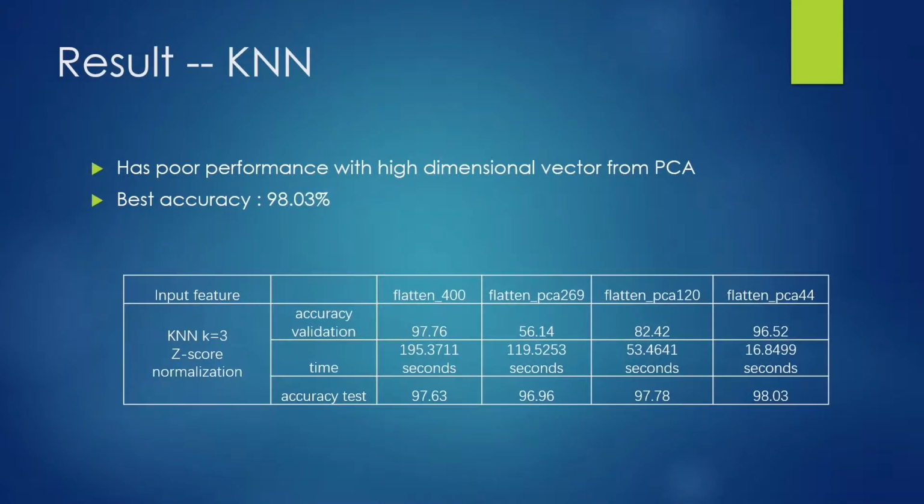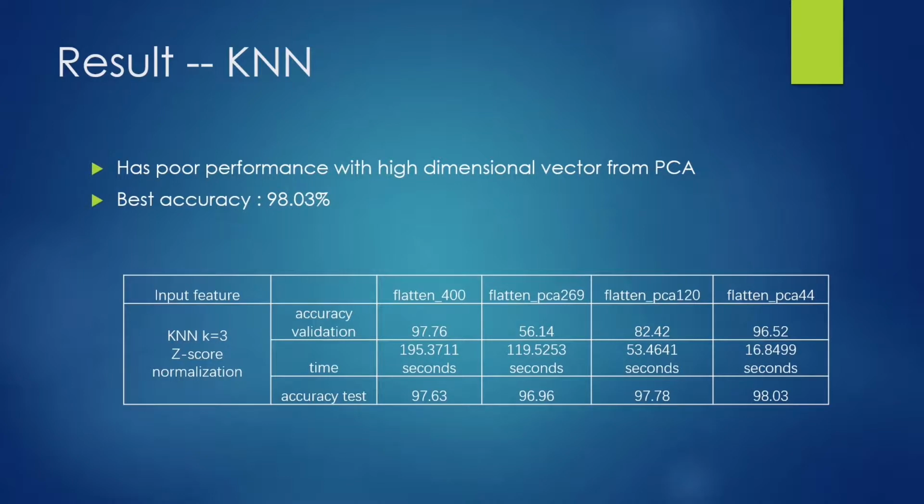The last part is the result. The table below shows the KNN training. The input features have different dimensions. The first is 400 and the smallest is 44 dimension vectors.